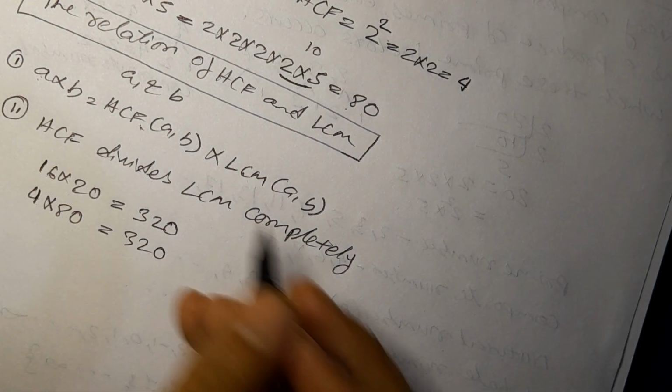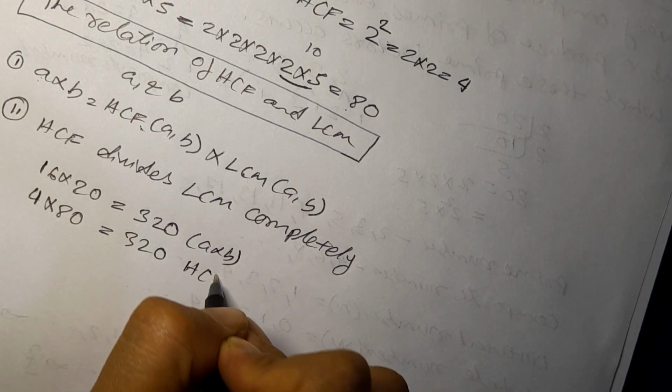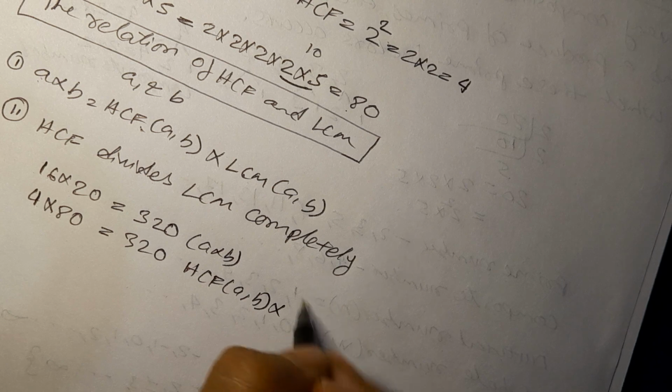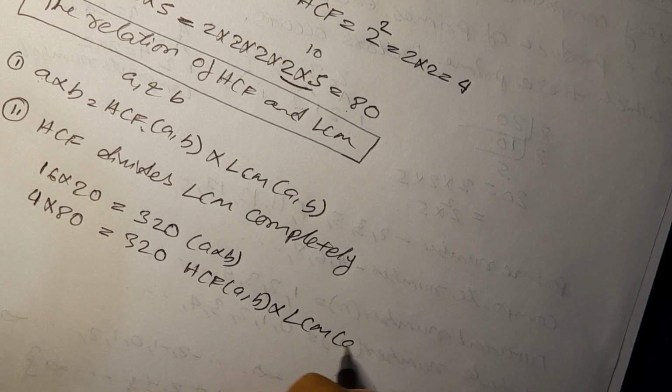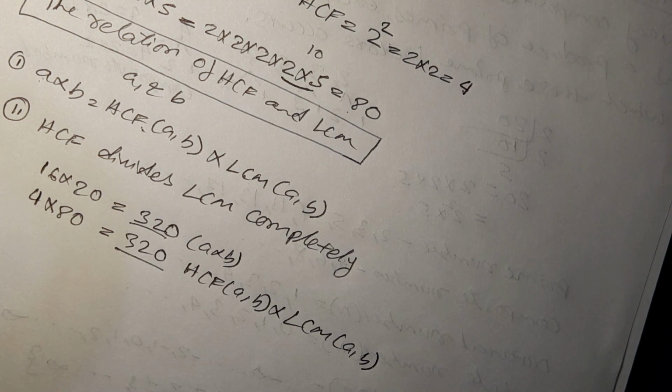So it gives equal. This is A into B. This is HCF of A comma B into LCM of A comma B. So this always has to be equal. So the product of 2 numbers is equal to the product of the HCF of those numbers and the LCM of those 2 numbers.